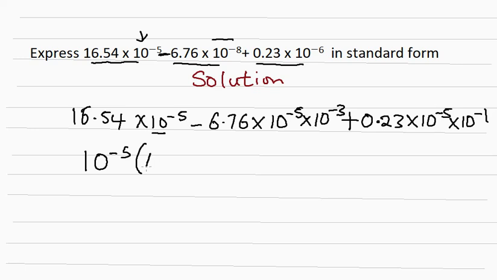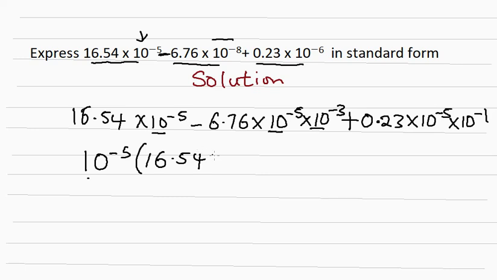Here I'm having 16.54. Now, I have 10 raised to the power minus 5 as a common factor outside, but I'm having 6.76 times 10 raised to the power minus 3, which is 6.76 divided by 1,000. That's what it means.